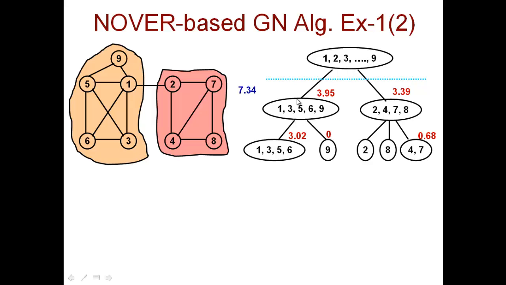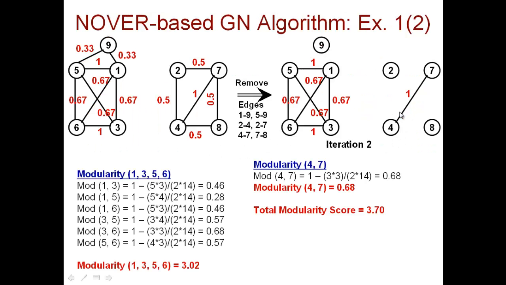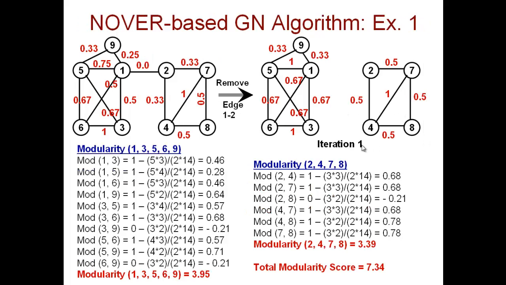Now what we need to further analyze is whether to stay as 5 vertices together as one community or partition them further. Similarly for 2, 4, 7, 8. We are going to do that again with NOVER scores. Once we have the individual communities, you proceed separately for each of them.